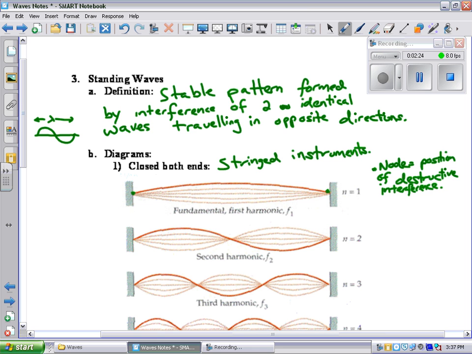Okay? And there's going to be no amplitude there because of destructive interference. The waves wipe each other out. This little dotted line, where the amplitude is biggest, we're going to call an antinode. And that's where there is constructive interference.